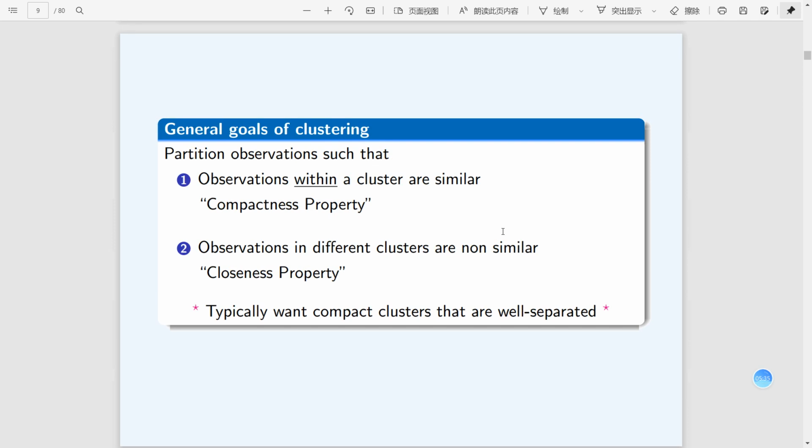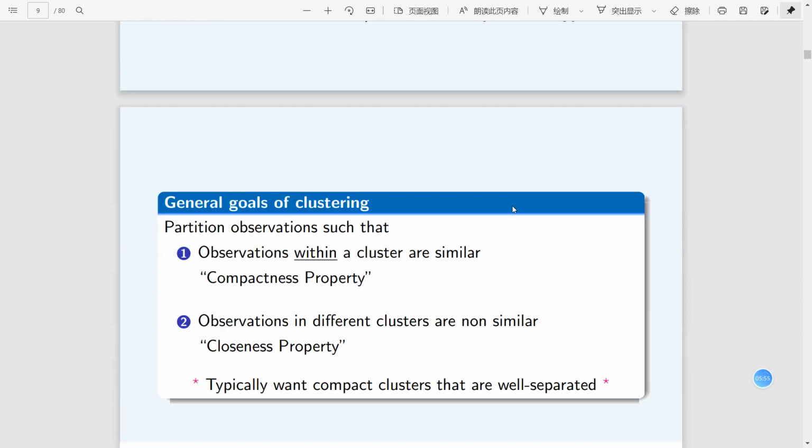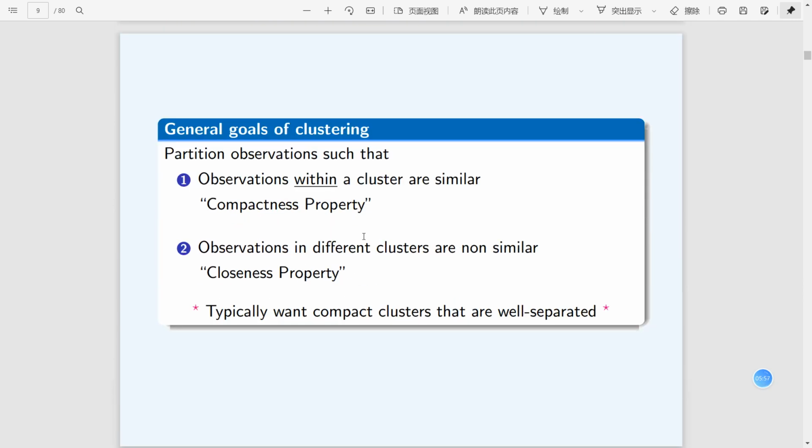Observations in different clusters are not similar. On the other hand, every sample in cluster 2 is very far from every sample in cluster 1 and very far from cluster 3. The further, the better. That is the underlying concept of how we are clustering data samples.